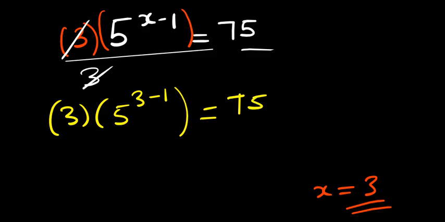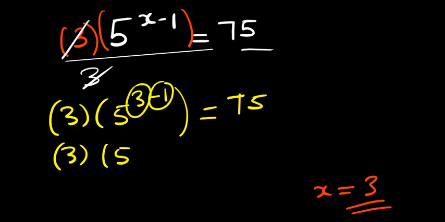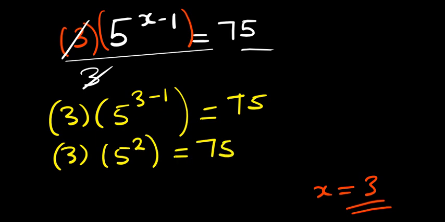Let's solve the powers. 3 minus 1 gives me a 2. Then 5 squared gives us a 25. It's equal to 75.